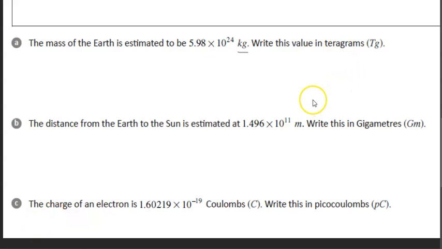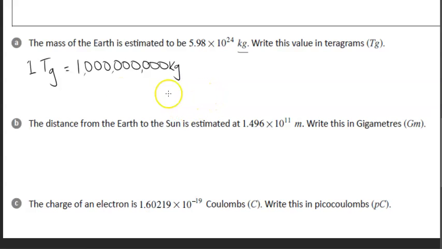Okay, if you were to do a quick Google of this, what we can find out is that 1 teragram is equal to 1 with 9 zeros afterwards kilograms.